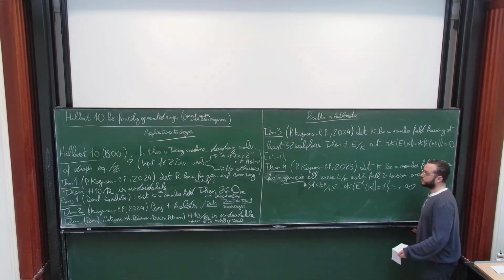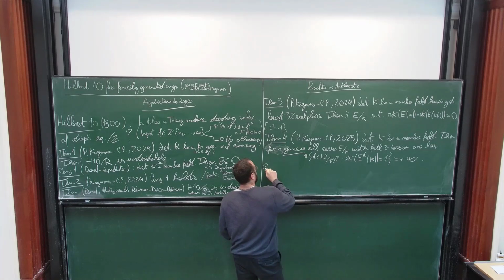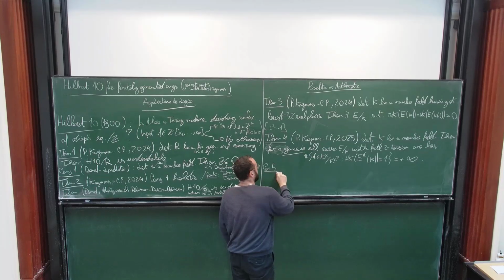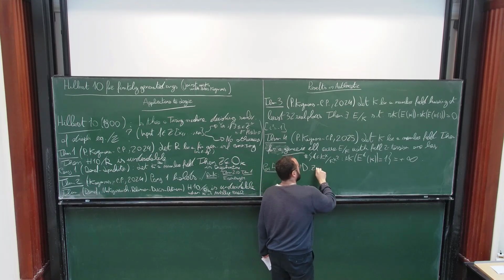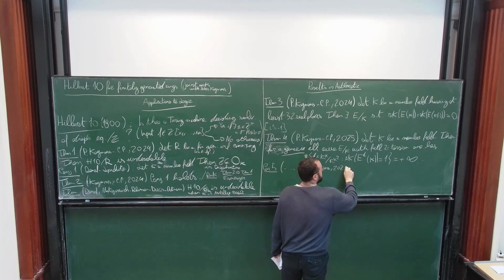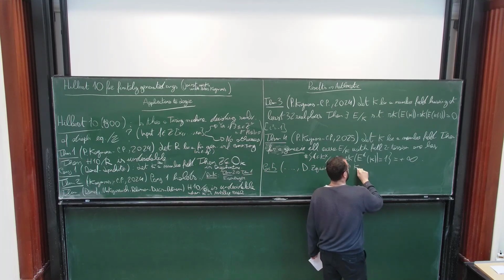So in particular, the corollary, which was proved and uploaded on the same day, also with a different proof by Zywina, so same people, and Zywina, is that for a number field K there exists an elliptic curve of rank 1.